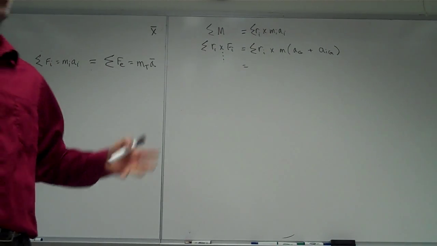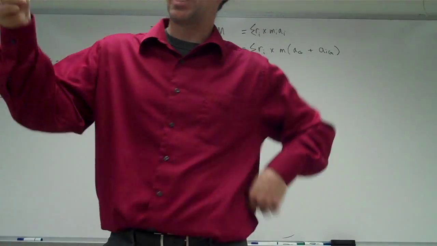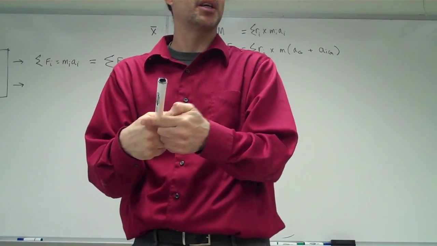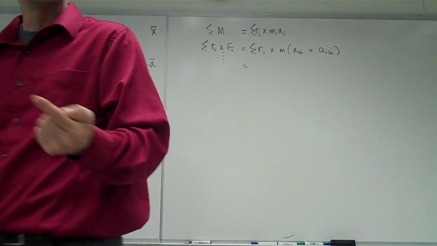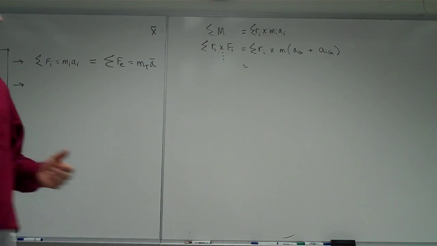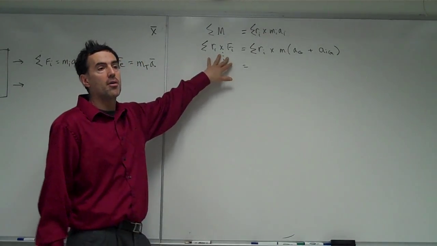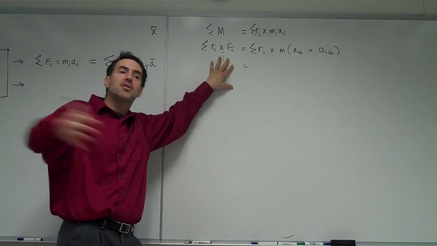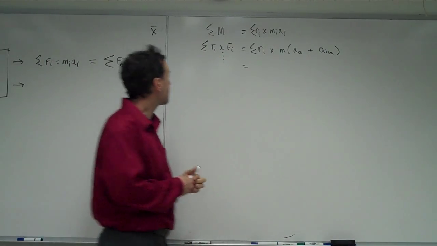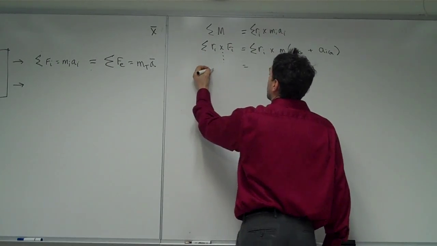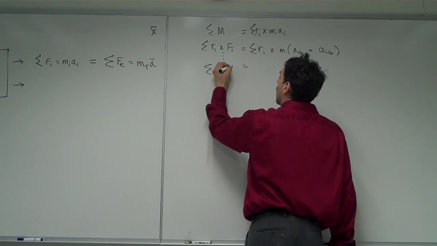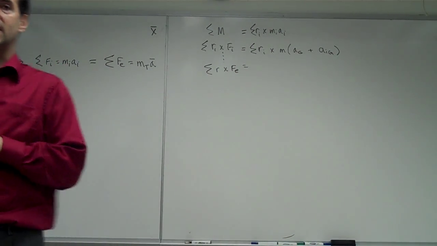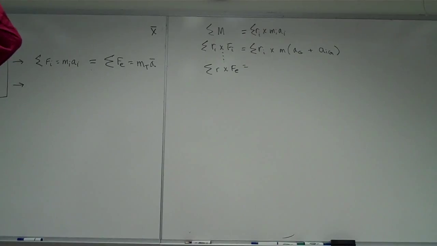But if I'm adding up all these total forces, the force of James on Vaughn and Vaughn on James are equal and opposite. They're both sides of the same force, so they're going to cancel out. So when I add up all the moments due to all the forces on all the particles, it's only the forces acting on the object from outside the object that are going to matter. So this will end up being the sum of the r cross external forces, because all the internal forces are not going to matter.